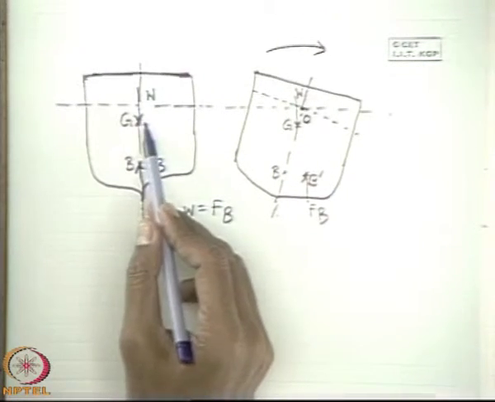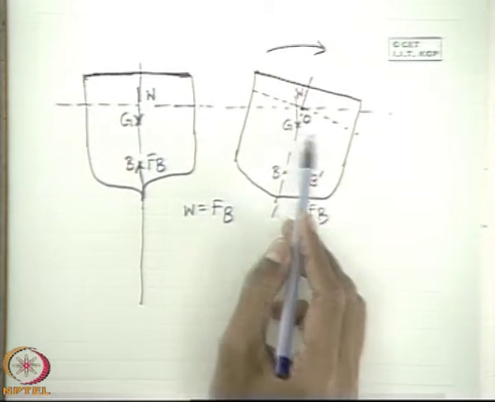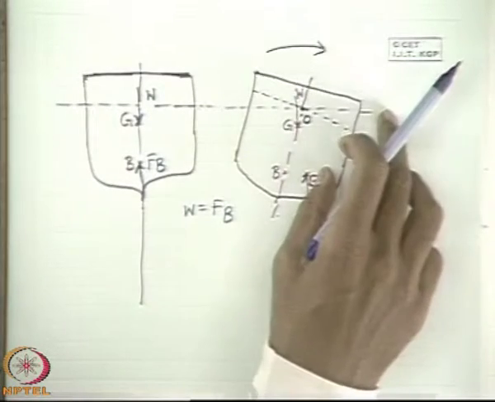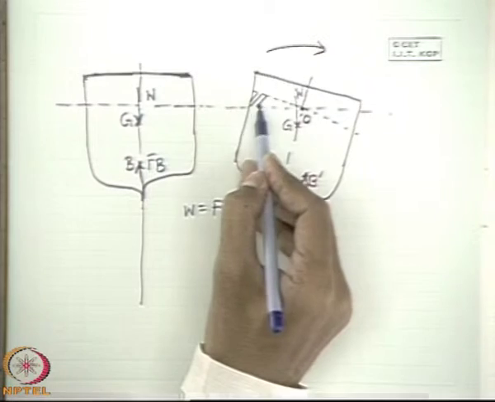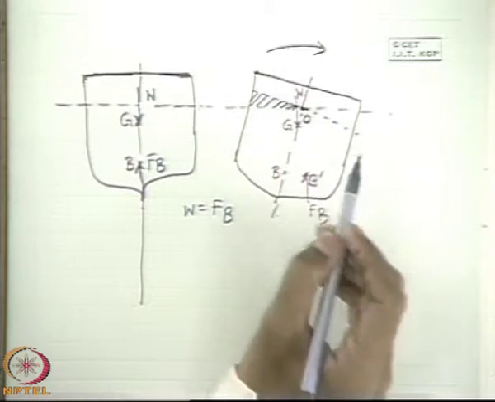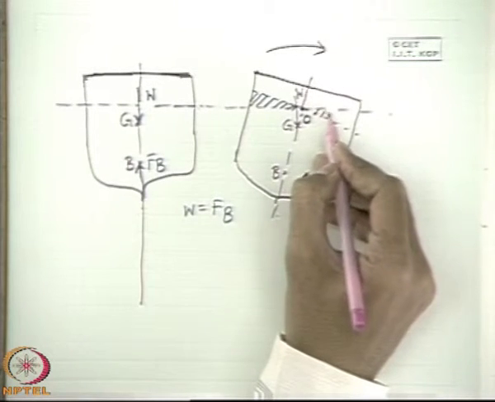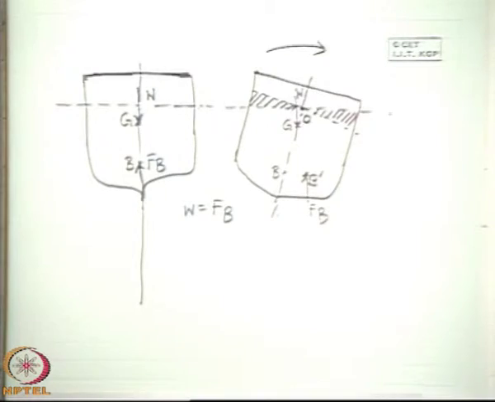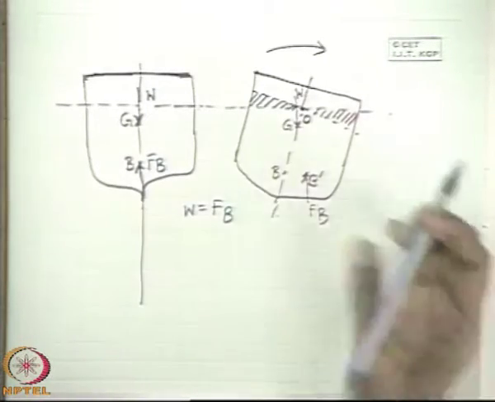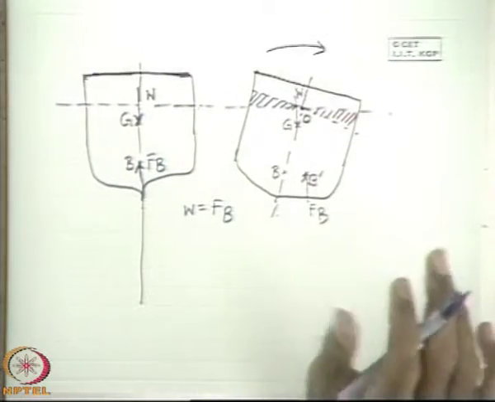So by the principle of Archimedes, the immersed volume should remain the same, whether it is given a tilt or not, which means the volume which has come up, this hatched portion, must be equal to the volume of this hatched portion which has gone inside the liquid. This is the key point, nothing else. So this volume is equal to this volume of liquid. So this is all right.